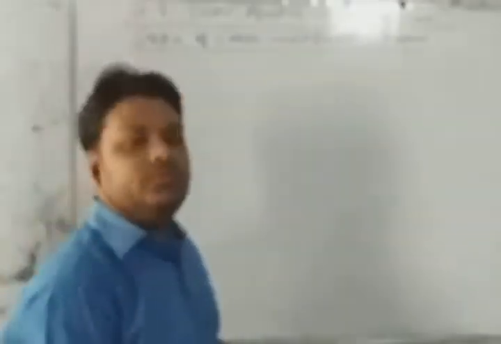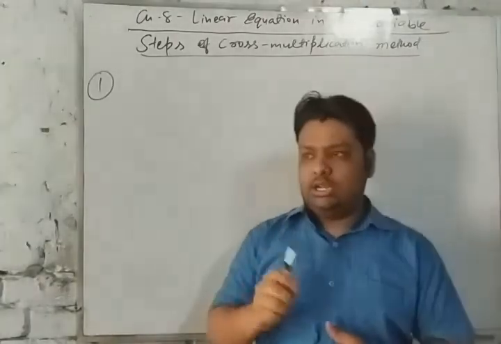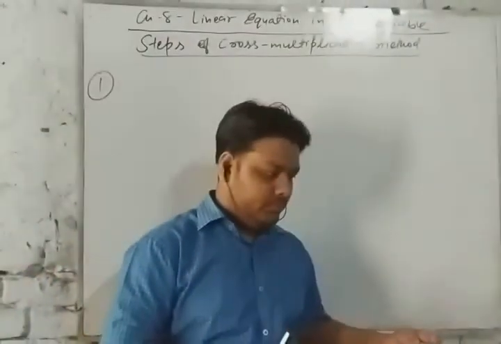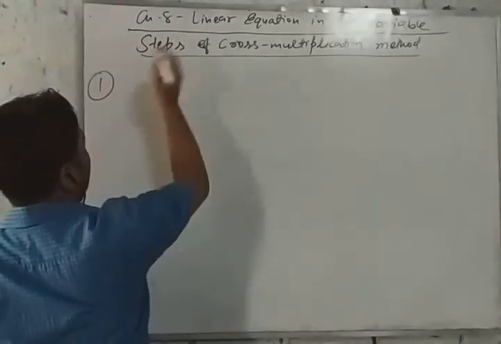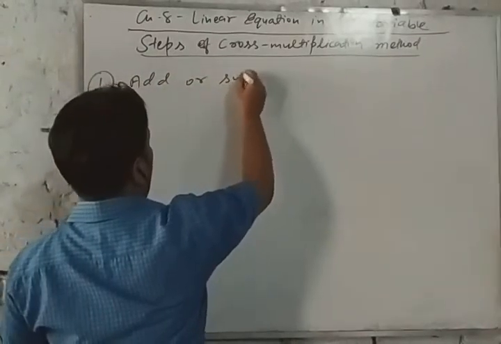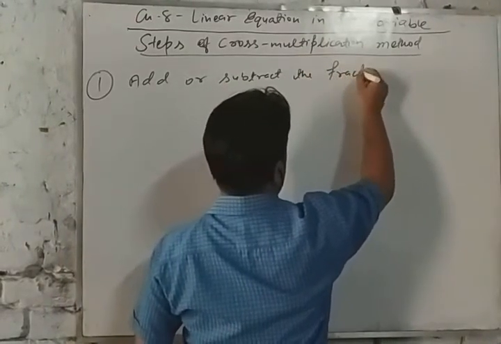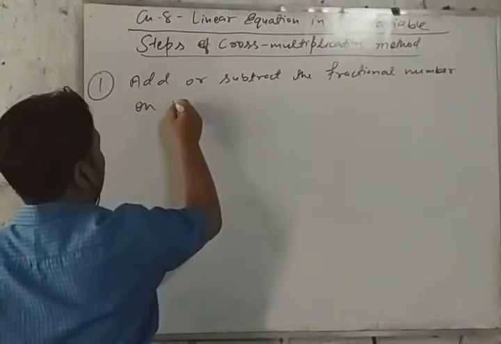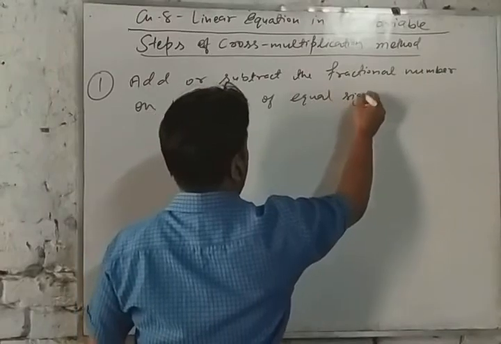Okay, so in the first step, if any linear equation is given on both sides of the equal sign, we will add or subtract the fractional numbers on both sides of the equal sign.